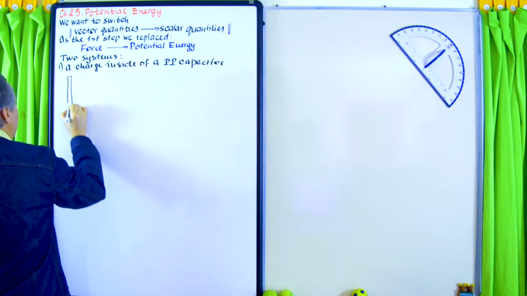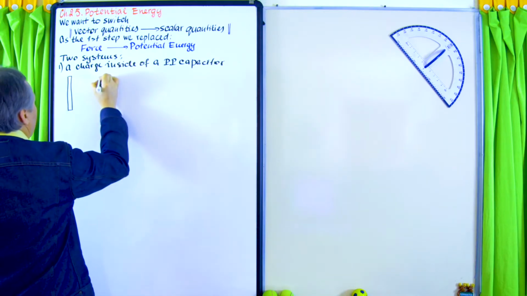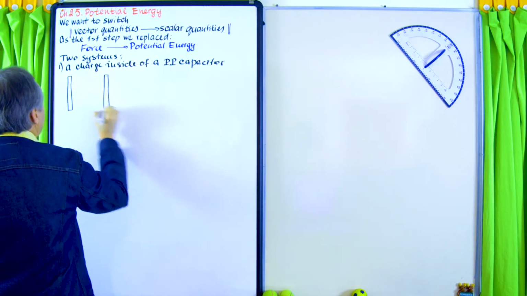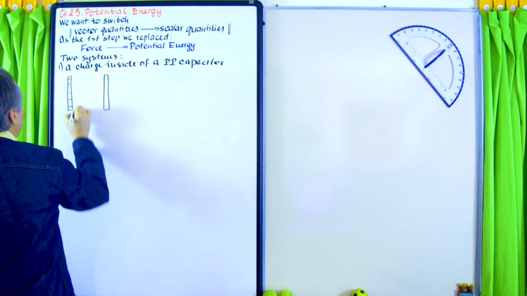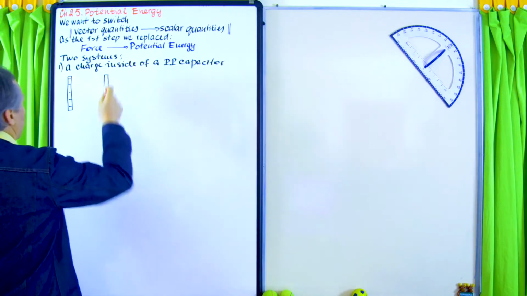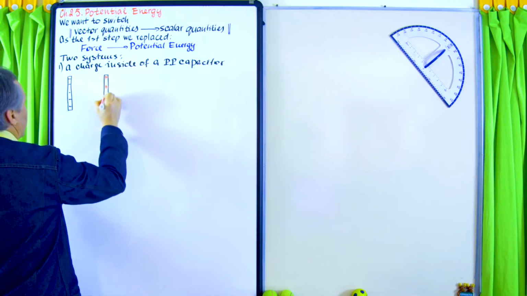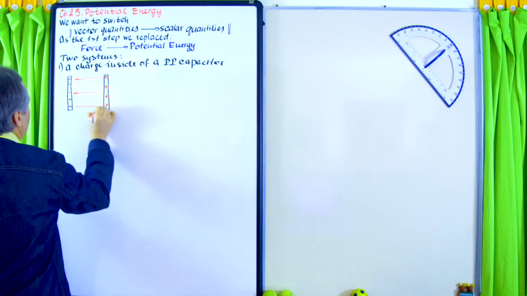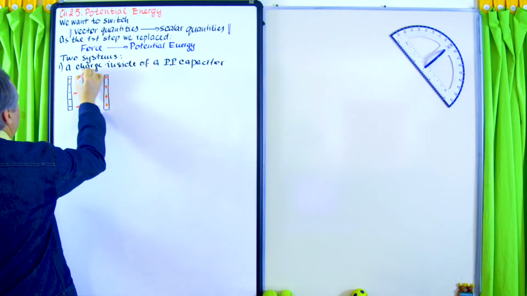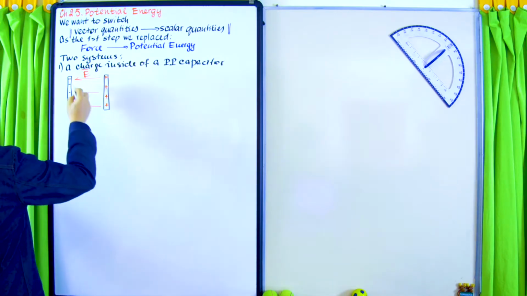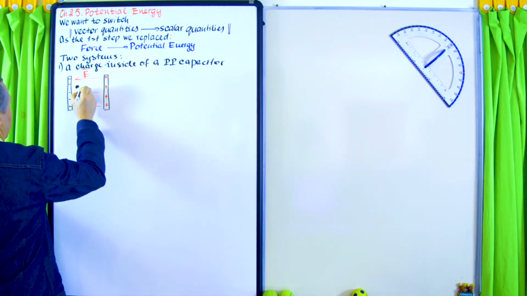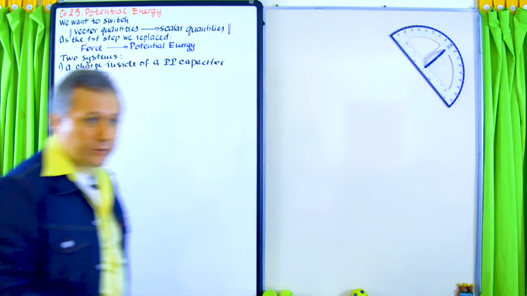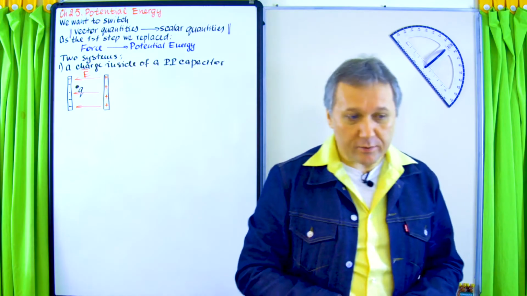So let's say this is my one electrode. Here's the second electrode. Let's say this is negatively charged, and this is positively charged. Of course, there will be an electric field, and of course, a charge. It is a system of two objects, the capacitor and the charge. Of course, we can introduce potential energy because they interact.